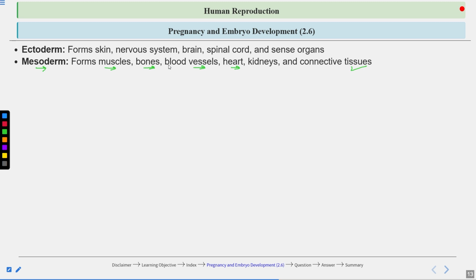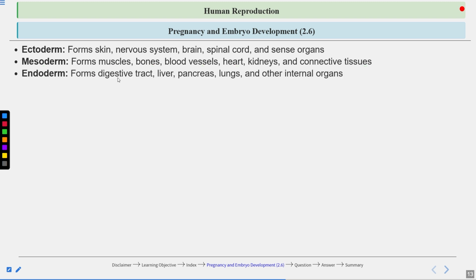Blood vessels are also formed, then bones and muscles, all formed by the mesoderm. Then endoderm forms the digestive tract, liver, pancreas, lungs, and other internal organs. So these 3 germ layers will form all the tissues or organs in the human body. We are talking about the human here.